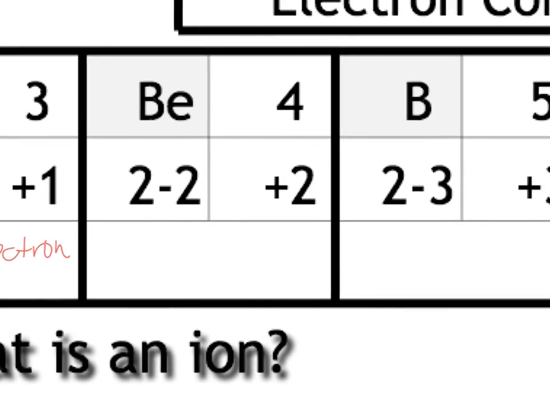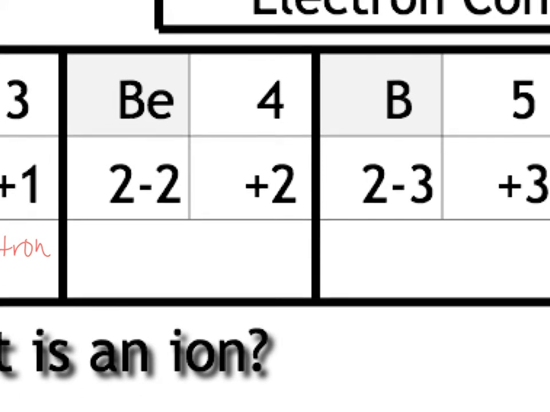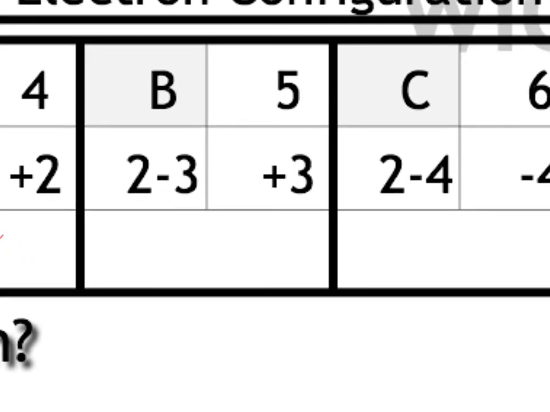Moving on to beryllium, it's a very similar idea. This one is going to lose 2 electrons in order to reveal a full orbital of 2 for orbital 1. Moving on, boron, whose configuration is 2,3. This one's going to drop 3 electrons, and when it does so, it's going to reveal a full orbital of 2 electrons beneath.